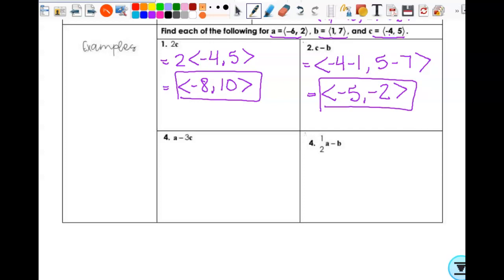All right, so then a minus 3c. The x value for a is -6 minus 3 times the x value for c, which is -4. You just do it all together. And then the y value for a is 2 minus 3 times the y value for c, which is 5.